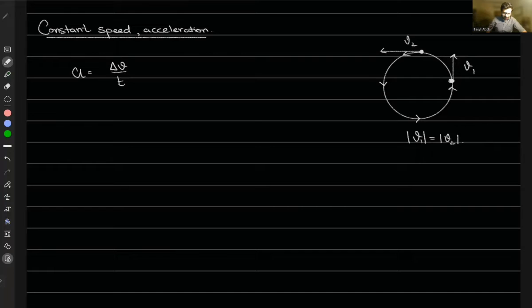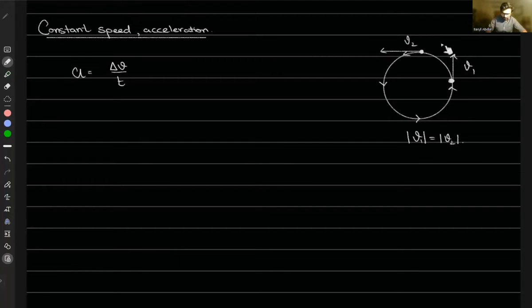So then I can say that this particle, which is moving around a circle, at time t1 has this velocity v1, and at some other time t2, suppose that it has some other velocity v2, and the change in time would be delta t, right?